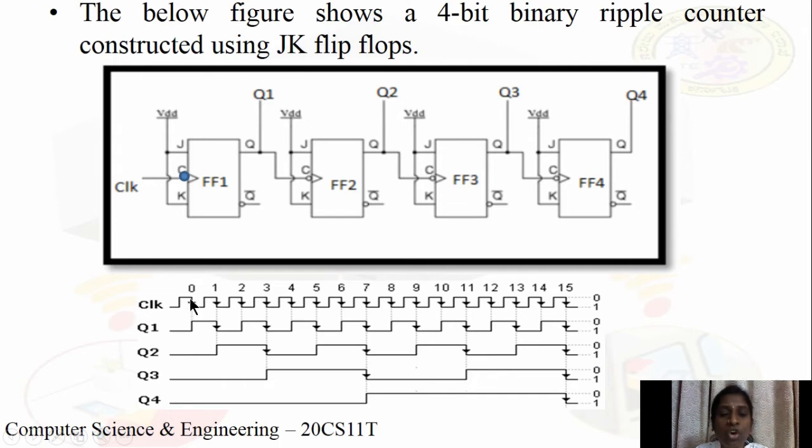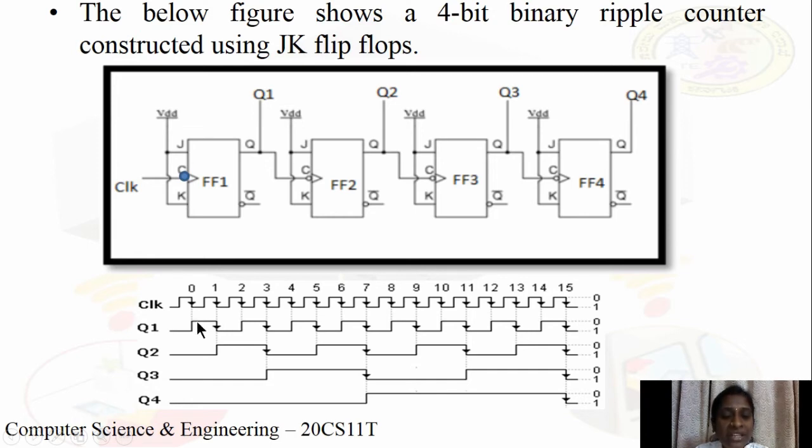If we give the first clock pulse, Q1 will retain its state until the negative edge or falling edge appears on the clock. When the falling edge appears on the clock, flip-flop 1 changes its state. Previously the flip-flop was in the 0 state. Then when it gets the negative edge of the clock, it changes its state from 0 to 1. This is 0 and this is 1 state.